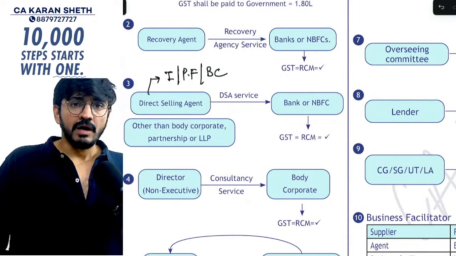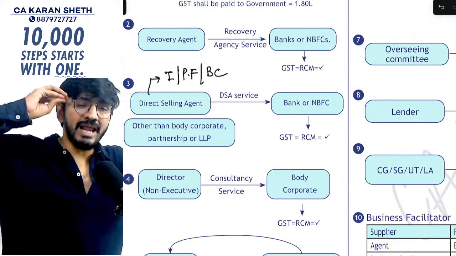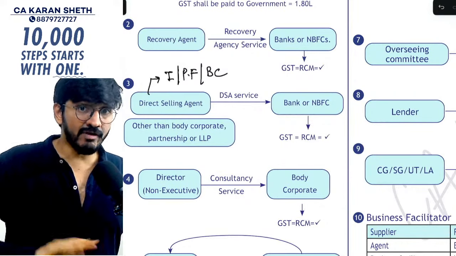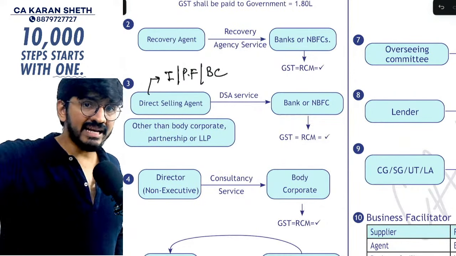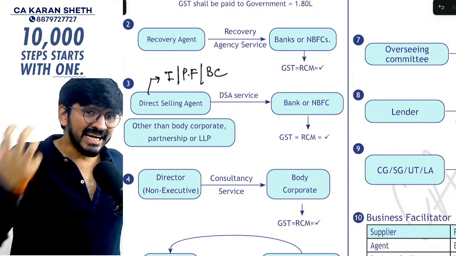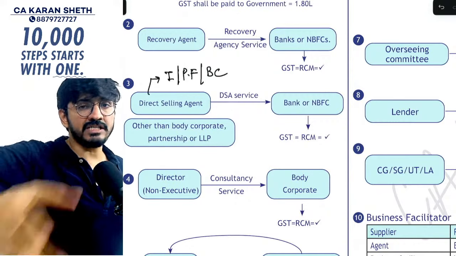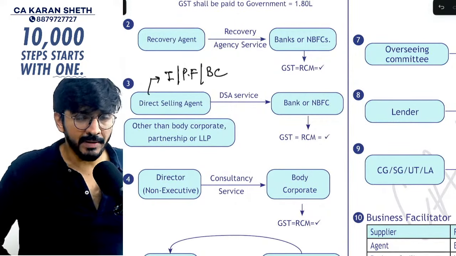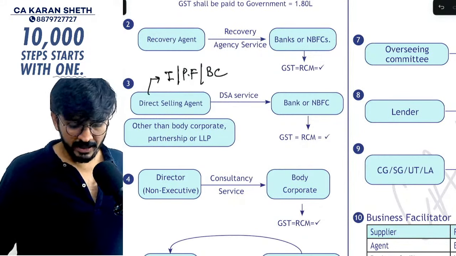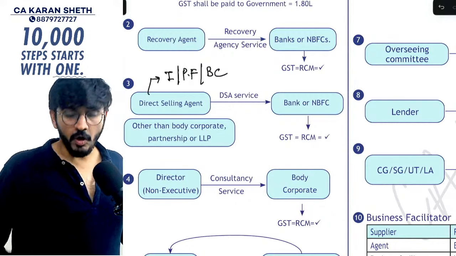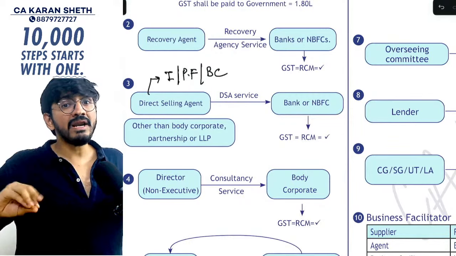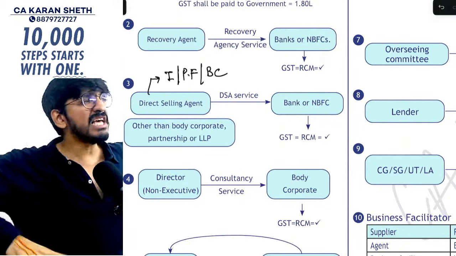Okay. So the government always has a thought process that if the supplier is an individual, don't give compliance to that individual. Directly ask the recipient to pay taxes per RCM. In this case, if the supplier is an individual DSA agent and the recipient is a bank or NBFC, the bank or NBFC will pay tax. But if the supplier, that is the DSA, my dear friends, is a body corporate or a partnership firm, the government already assumes that they are big enough.